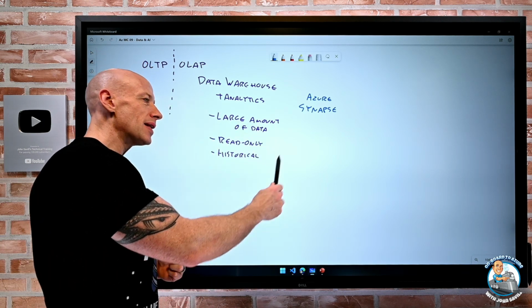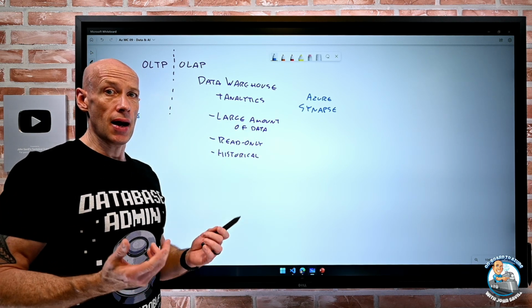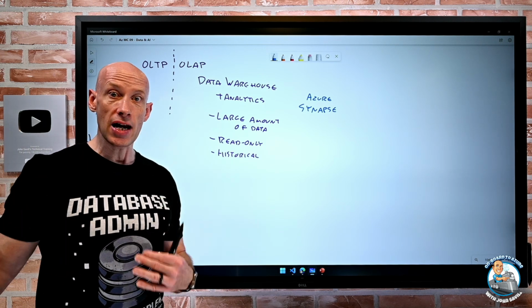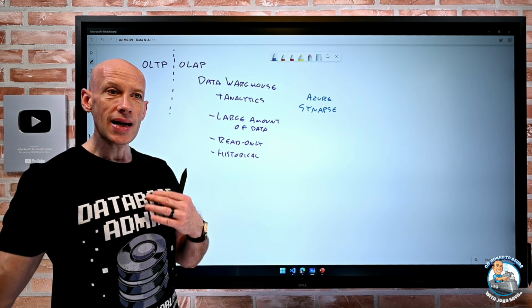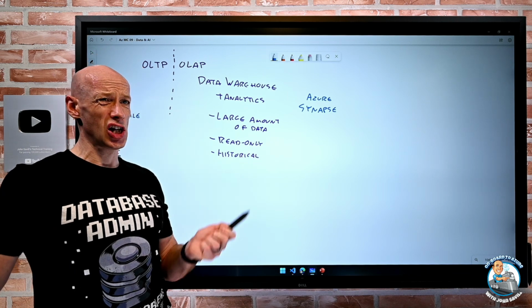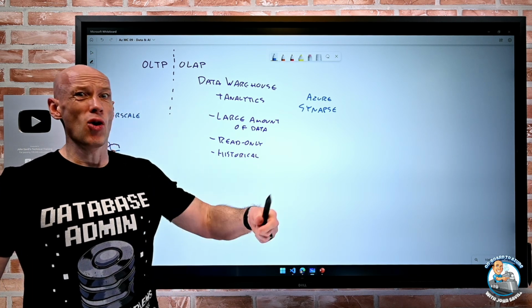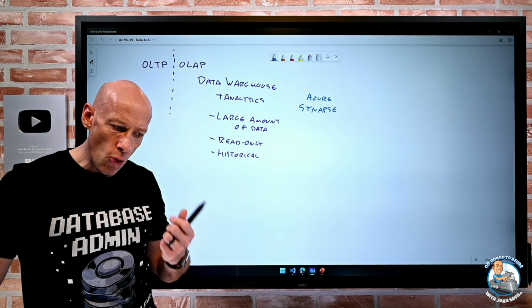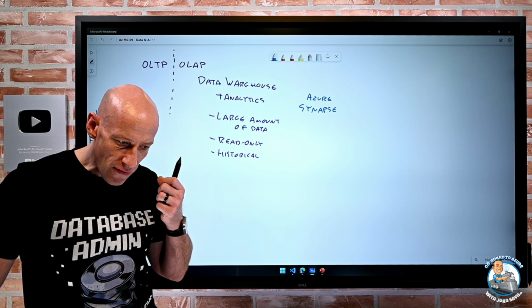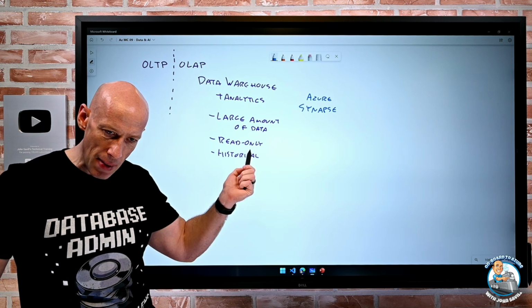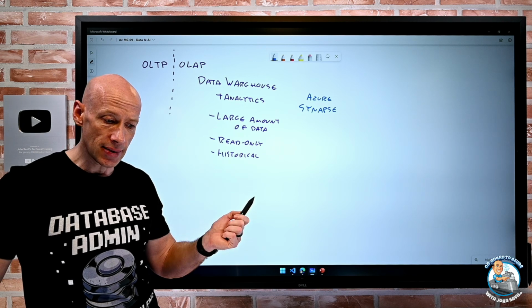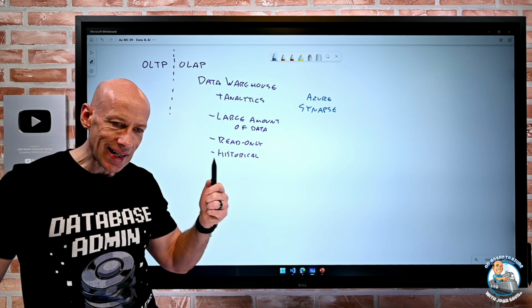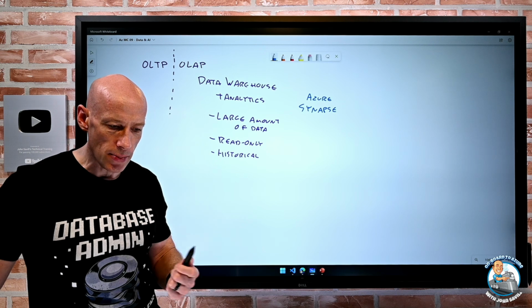So when I store it in a data warehouse, I may denormalize it. I may actually rather have replication of data because that's better for me. The storage is cheaper. I'd rather store it multiple times, but it's going to speed up all my interactions with it. So that's actually a fairly common thing. So the schema for my data warehouse is optimized for data analytics instead of the transactional types of processing.